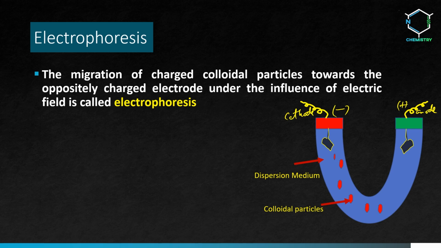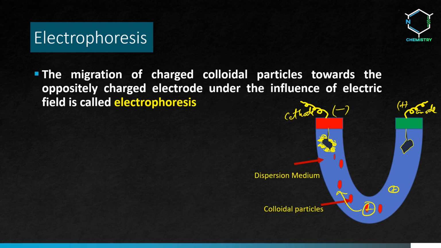So if the colloidal particles are positively charged, तो क्या होगा, upon applying current from this system, they will try to migrate towards the negative electrode, that is the cathode. तो सभी क्या करेंगे, यहाँ पे इस इलेक्ट्रोड के ऊपर जाके they will aggregate, स्टिक कर जाएंगे बेटा the colloidal particles. ठीक है, सो this is what electrophoresis is.